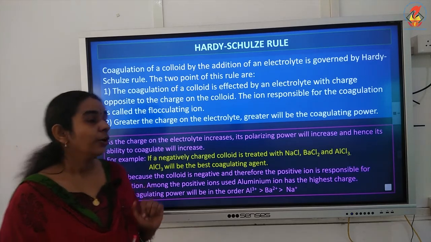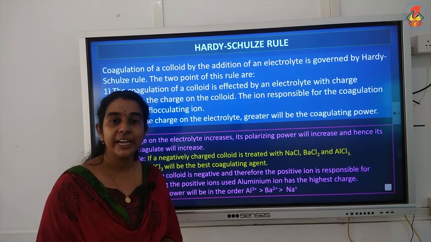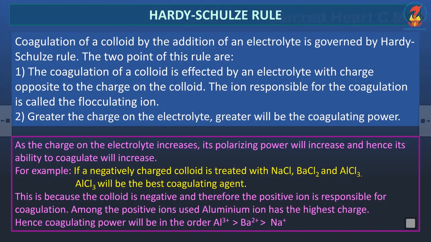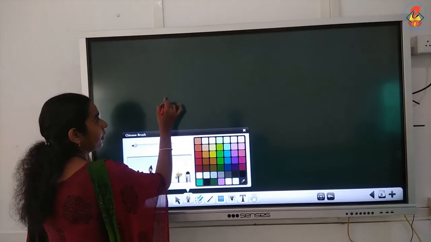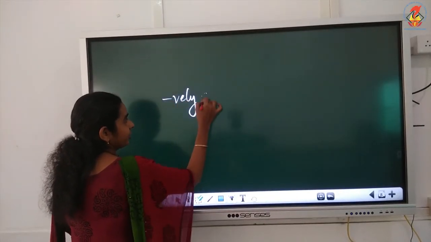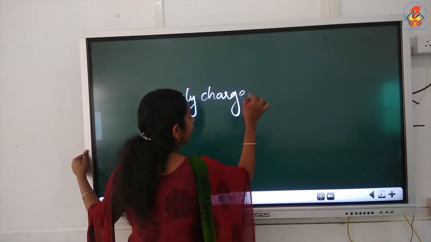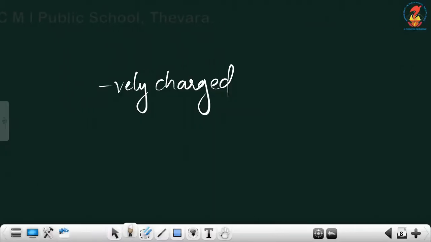Now, coagulation by the addition of an electrolyte is governed by the Hardy-Schulze rule, which we can understand using an example. Suppose we have a colloid which is negatively charged, and I am adding NaCl electrolyte to this. What will happen?